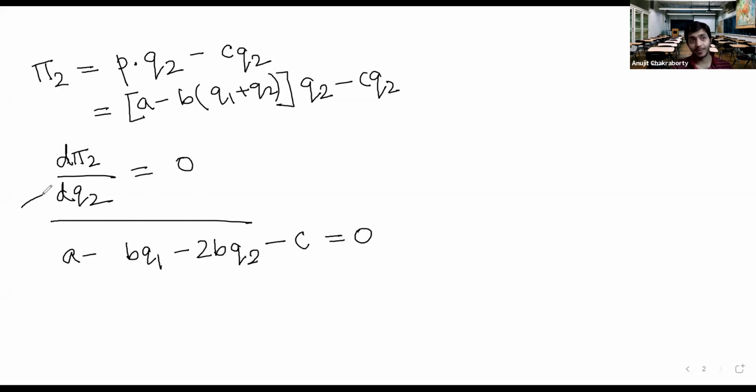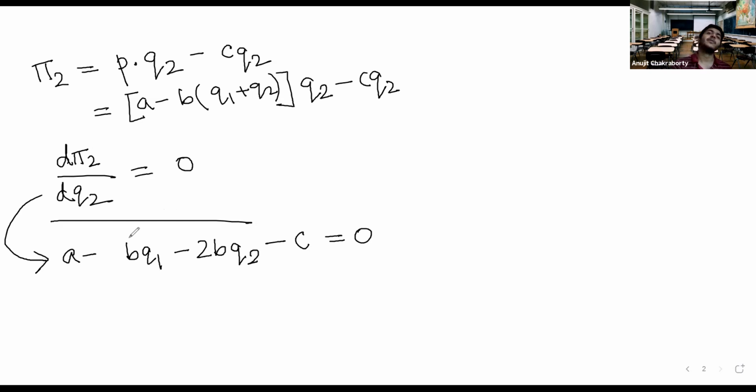This is just coming from this derivative. We know what pi 2 is. Put down that pi 2, take the derivative, you're going to get this. I want you to solve this derivative right now. Pause the video, solve the derivative, and make sure that you get exactly this.